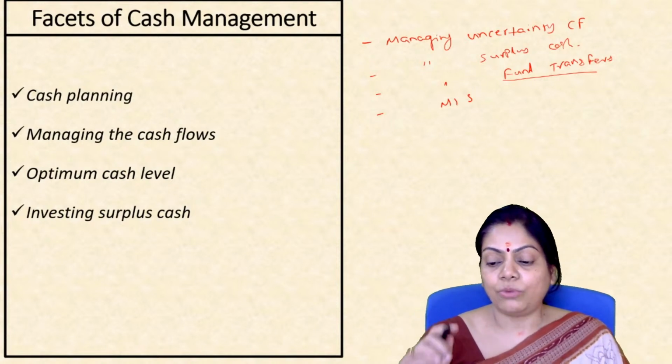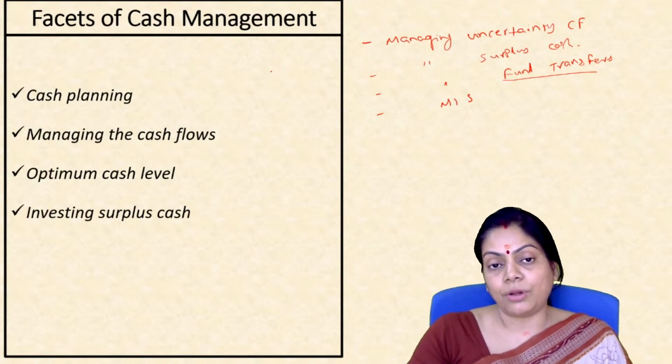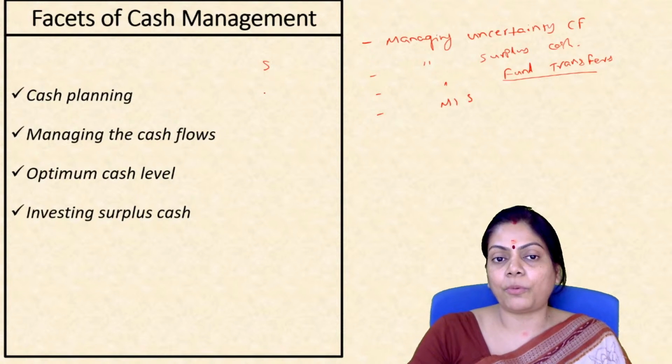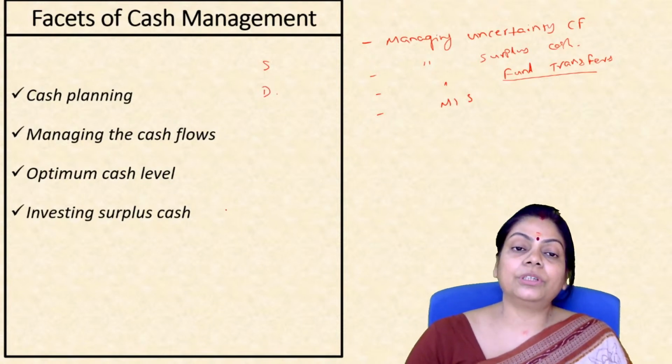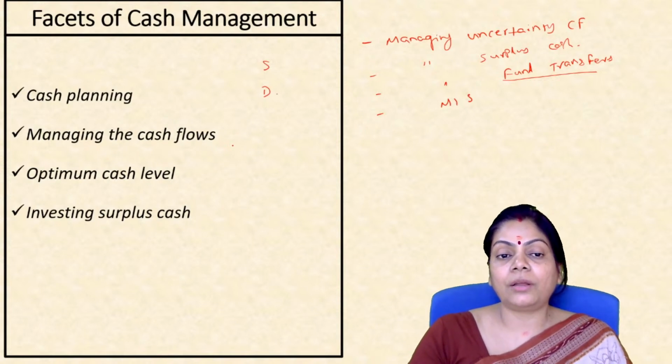there is one issue. Now we talked about the cash budget. In a cash budget, on a monthly basis, we talk about a surplus or a deficit. Suppose our cash budget is prepared on a monthly basis, or a quarterly basis.